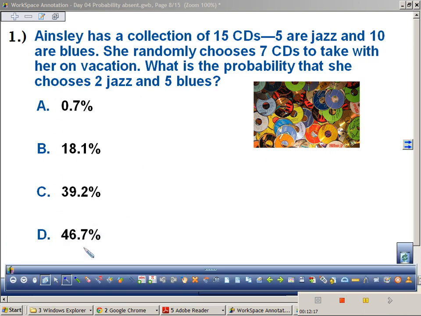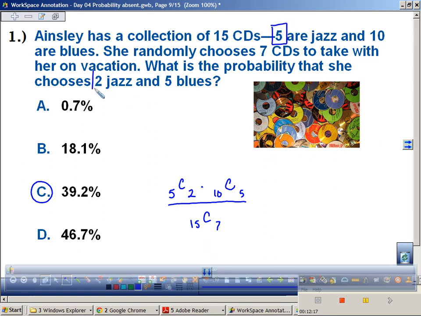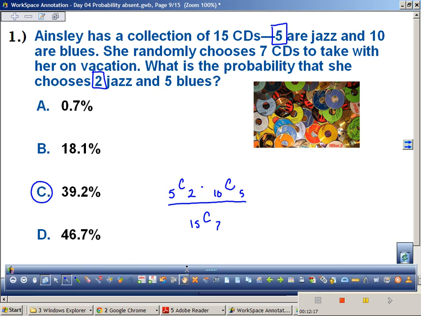Okay, so you ready to see which one's correct? Here we go. C, 39.2%. This is how I worked it out. We had out of 5 jazz, we were choosing 2 of them. And out of 10 blues, we were choosing 5 of them.